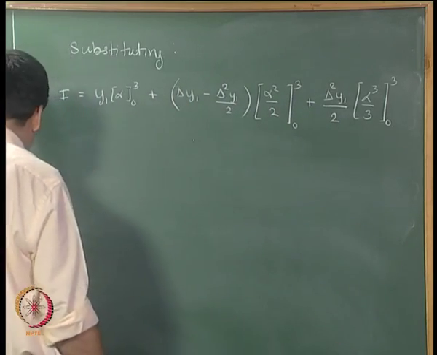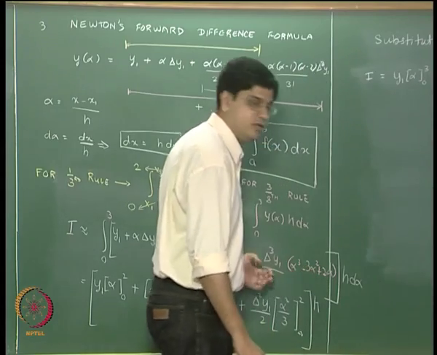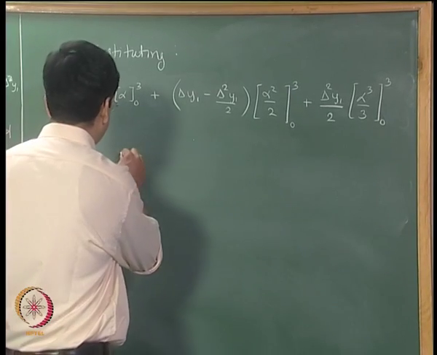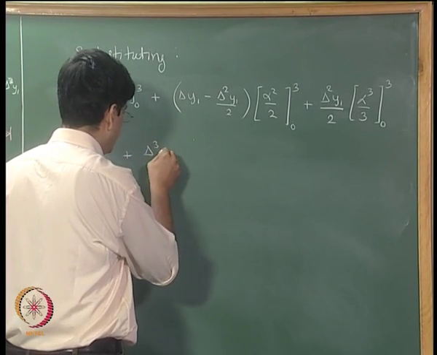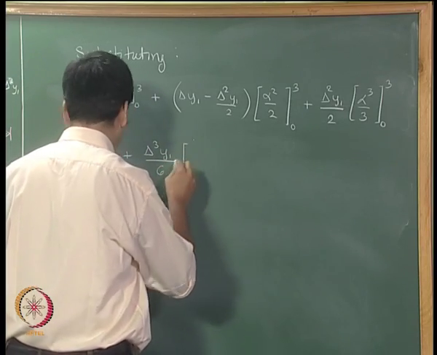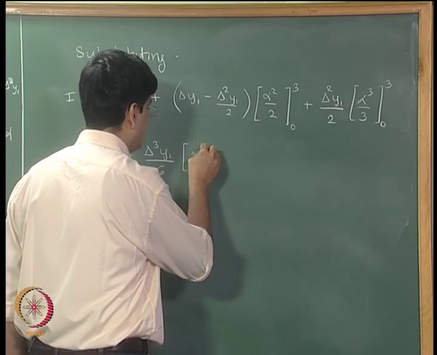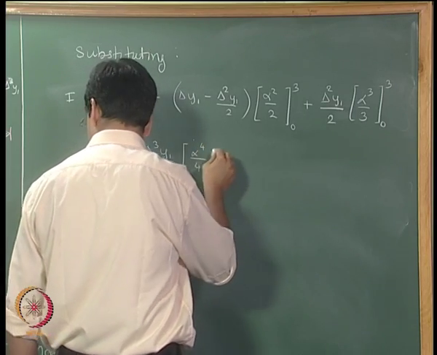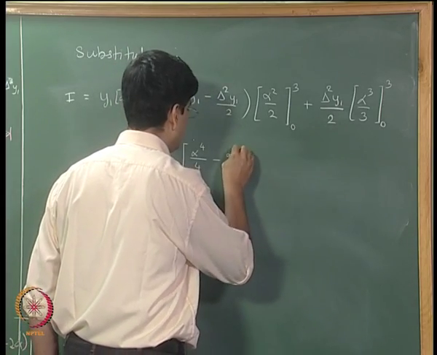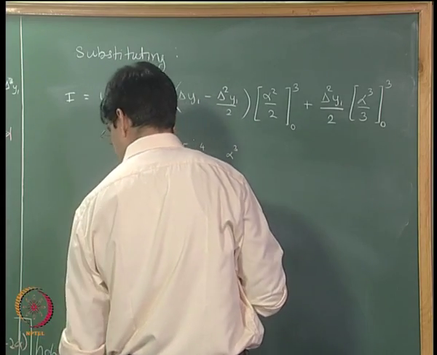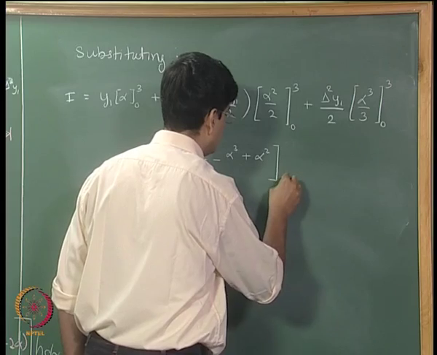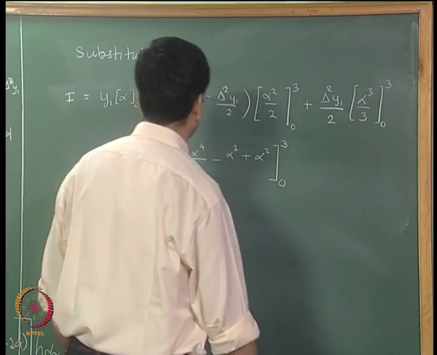And then we have this additional term in red, and we need to get an integral for that. So we will have plus delta cubed y1 divided by 6 multiplied by alpha to the power 4 by 4 minus 3 alpha squared, integral of that is going to be minus alpha cubed, and plus 2 alpha, the integral of that is going to be alpha squared, going from 0 to 3, okay.